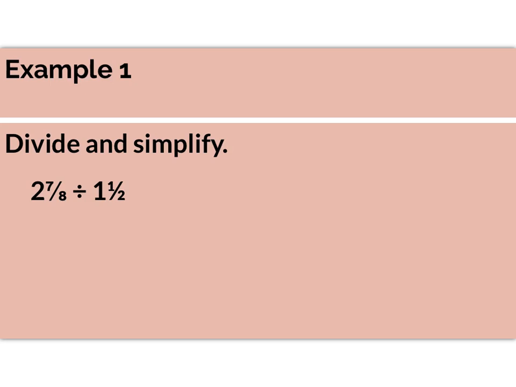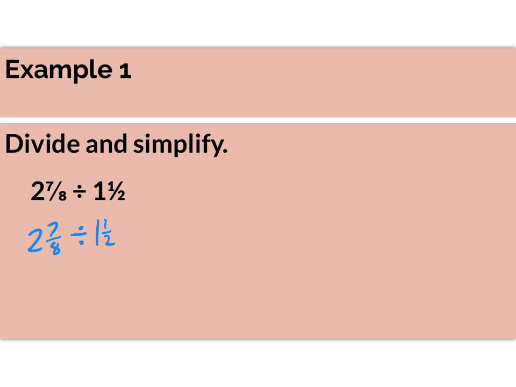All right, so now the first thing we have is 2 7/8, and we're going to divide that by 1 1/2. So now, the first thing we have to do with fractions, and remember, this is what you have to do.